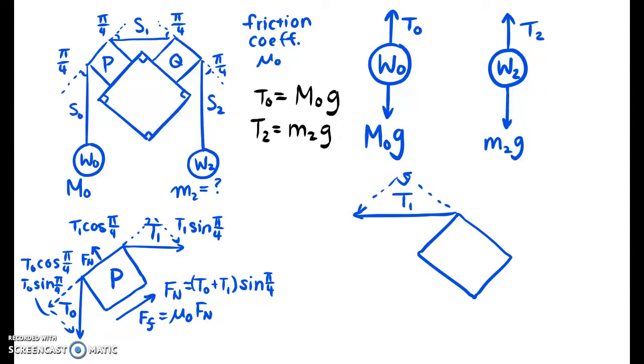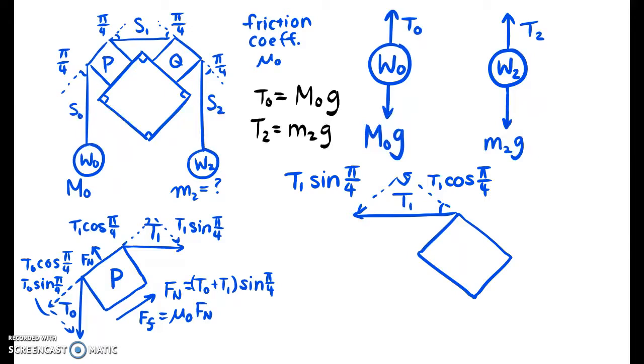The one parallel to the slope is T1 times cosine of pi over 4, since this angle is pi over 4. And the component perpendicular to the slope is T1 times sine of pi over 4.